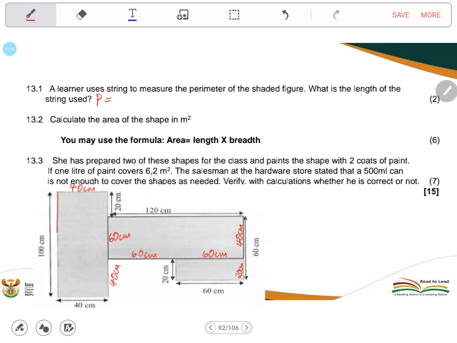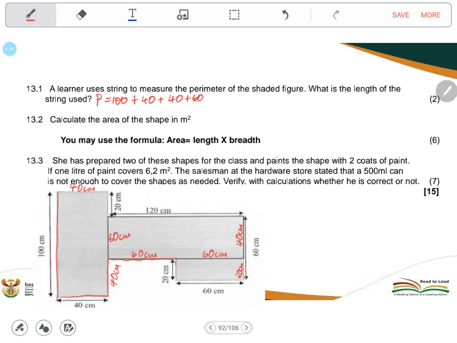So we'll simply add this side here, which is 100 centimeters, plus this one here, which is 40 centimeters. I'm not writing the units because the units are all the same, centimeters, just to keep it a little bit clean.